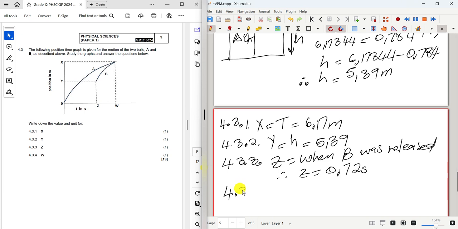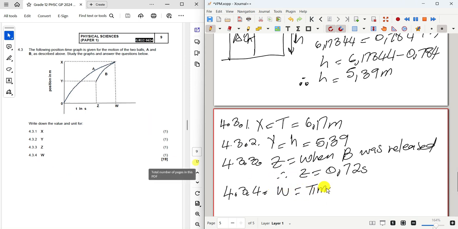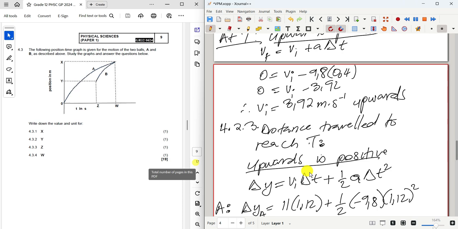Now 4.3.4, W. What is W? W will be the time taken to reach maximum height, the time taken to reach point T. Therefore, W is, I think it was the first question, 1.12.